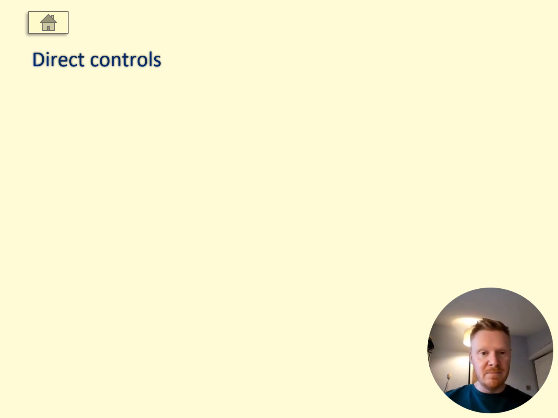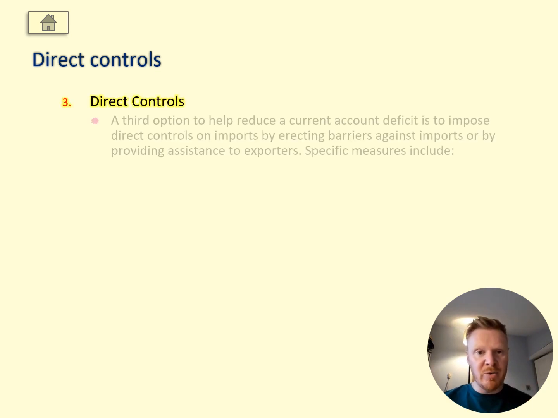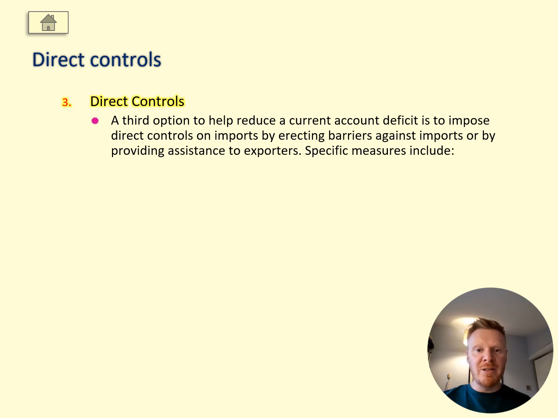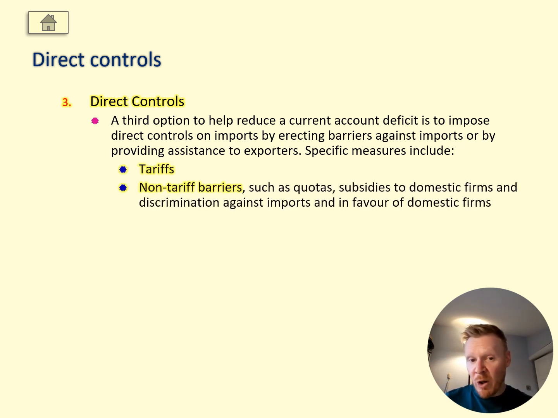And then we could have direct controls, number 3. A third option is to help reduce the current account deficit by imposing direct controls on imports, such as erecting barriers against imports or providing assistance to exporters. So it could be tariffs or non-tariff barriers, such as quotas, subsidies to domestic firms, discrimination against imports in favour of domestic firms.